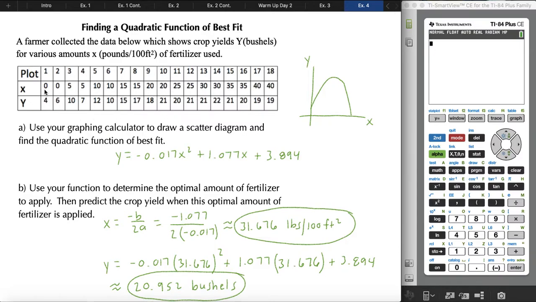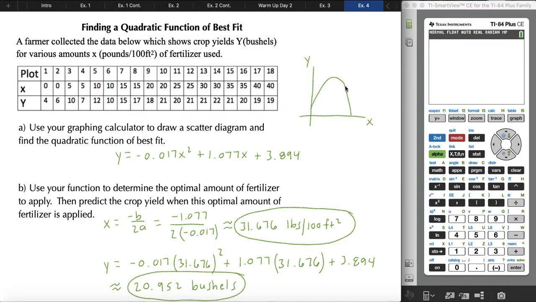So it starts as you have very little fertilizer, you don't have much crop yield, but as your fertilizer starts to increase, so does your crop yield, right? But only to a certain extent. If you put too much fertilizer on, then your crop yield starts to decline a little bit towards the end.